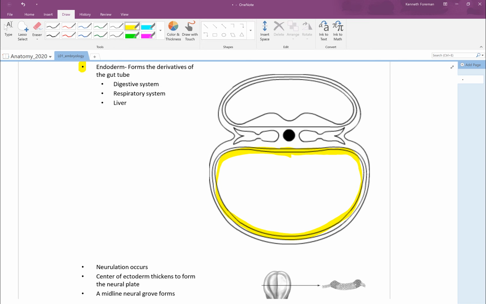So instead of being one tube now, it develops into two tubes. The trachea then splits and develops into lungs, okay, where the esophagus continues down and it develops a bulge which becomes the stomach. Then it continues down into the duodenum where we have a duct coming off of the liver.